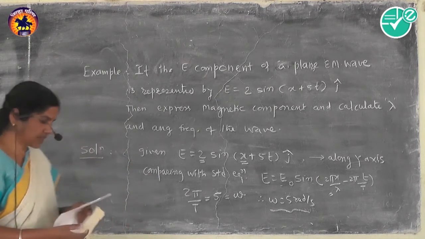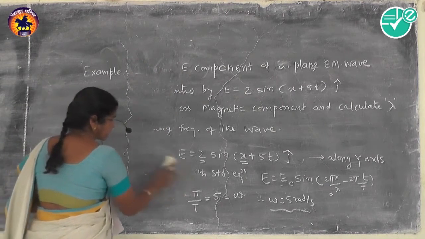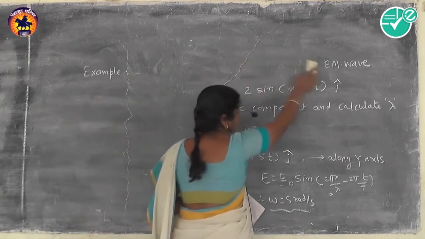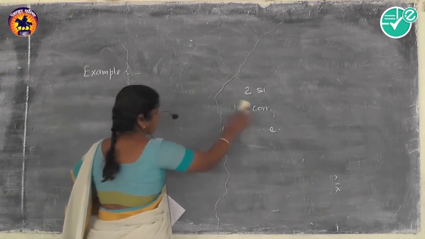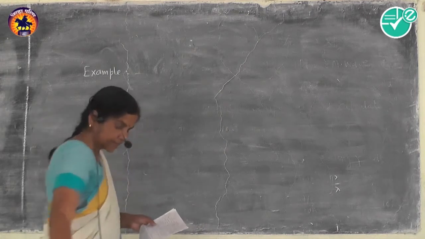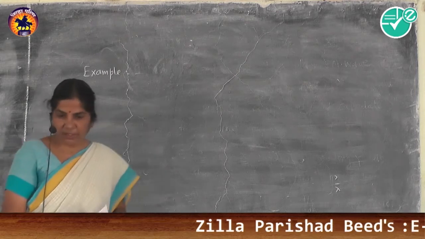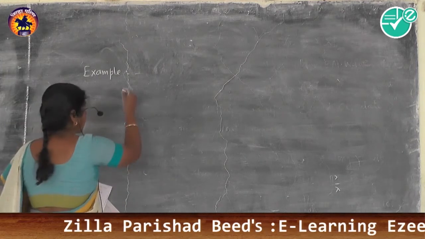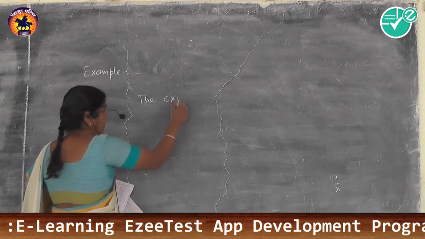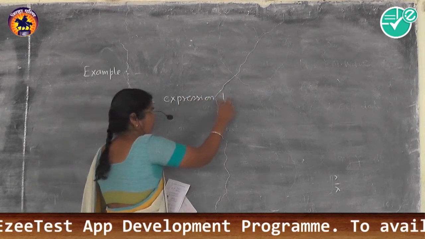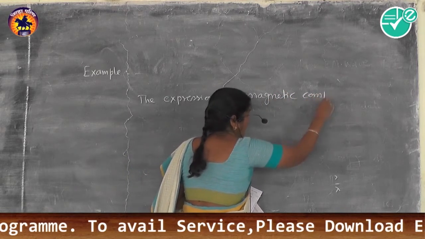Now we shall take one more example. In the previous example, we have to write the expression for the magnetic component.